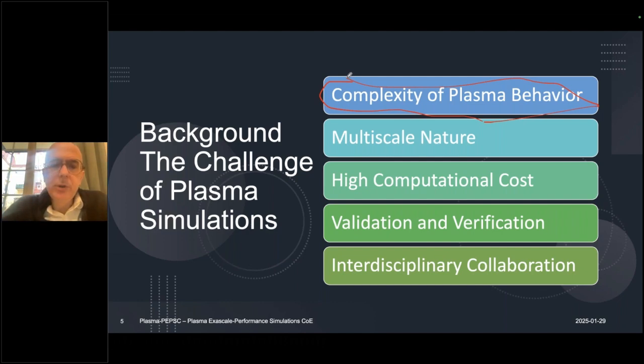Another important obstacle that makes simulation very difficult is the multi-scale nature of the plasma system, and this is due to the fact that the electron mass is much smaller than the proton's mass, 1,836 times lower.